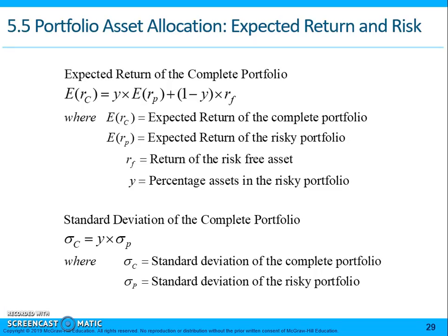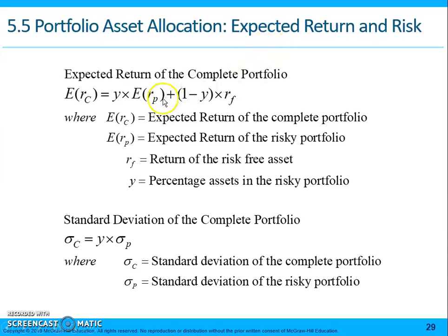In the example that I did in the recording, I use W and Y interchangeably. Depending on the book you use and the type of problem you're working, you'll see both.